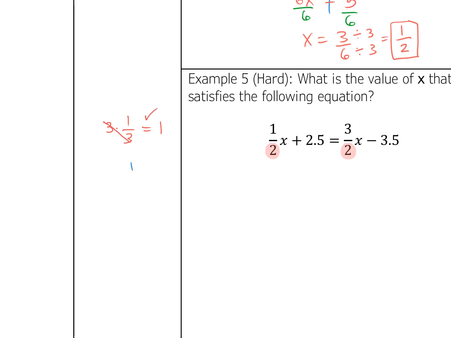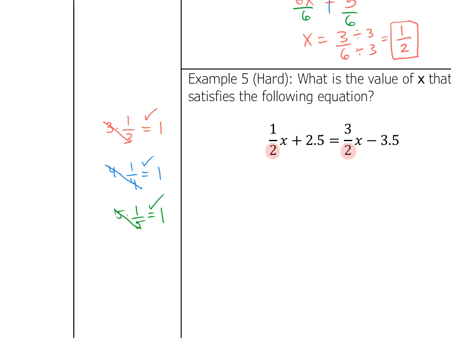If I were to give you 1/4, how can I turn that into 1? If I multiply 1/4 by 4, those form a 1, and I get 1. If I continue that pattern, how can I turn 1/5 into 1? The way we do that is by multiplying by 5, because these form a 1.